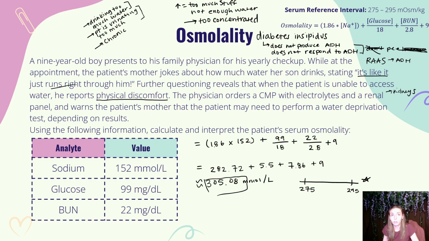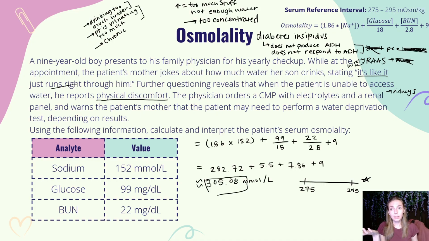If it's not causing the production of ADH because you can't produce ADH, or if it's causing the production of ADH but the kidneys can't receive ADH, then this is broken. But at the very least, your RAS system can say, you're thirsty, go drink. So because you can't produce ADH, because you can't respond to ADH, whatever it is, you are peeing a lot. Your body compensates for that by getting thirsty and by drinking a lot. So that's why this patient's mother says that it just runs right through him. It's why he's drinking water all of the time.